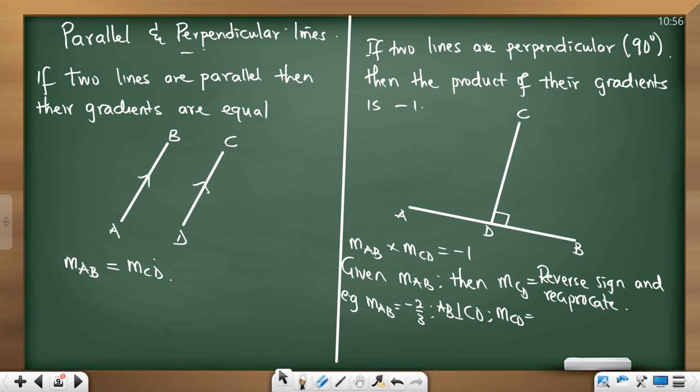AB is -2/3. What's the opposite of negative? Positive. What is the reciprocal of 2/3? We are done there. Because if you multiply -2/3 by 3/2, you'll get -1.